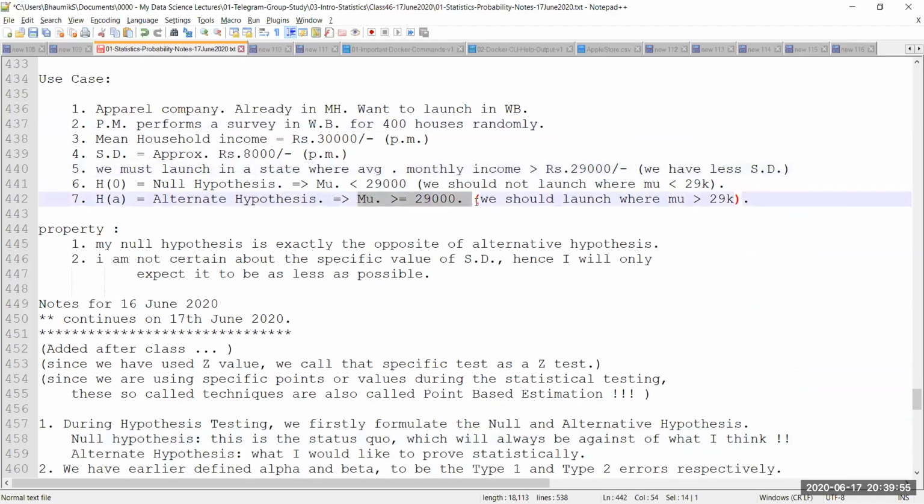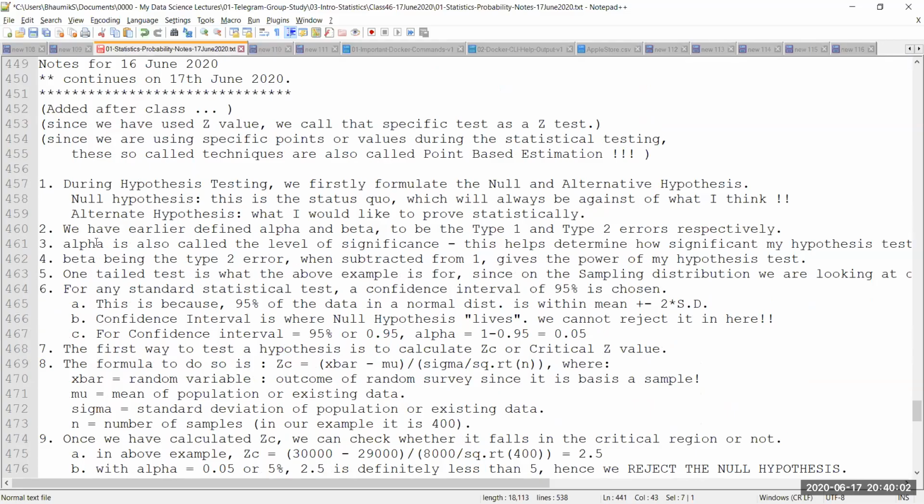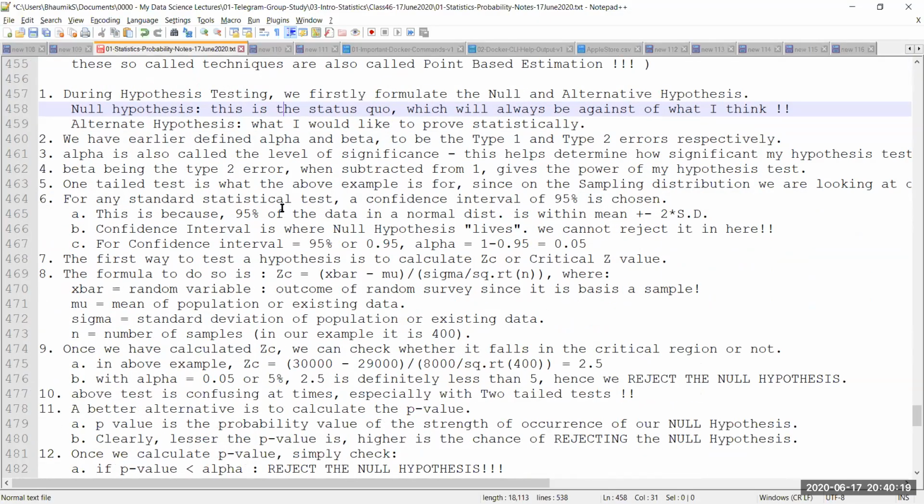So this becomes my alternate hypothesis, and the null hypothesis is exactly the opposite of that. So that is how you define the question. The moment you define the question properly, with all the numbers or at least the context, then half of the problem is solved, because now you know on which side of the graph it is going to fall, whether it's a one tail test or a two tail test and so on, and then you can solve it.